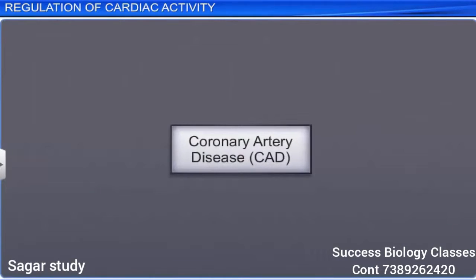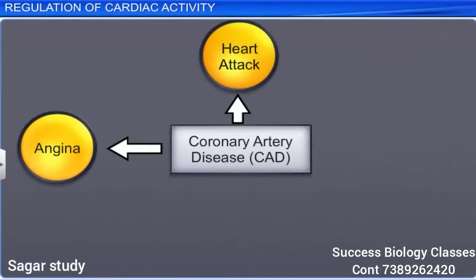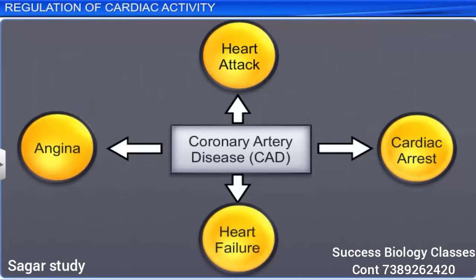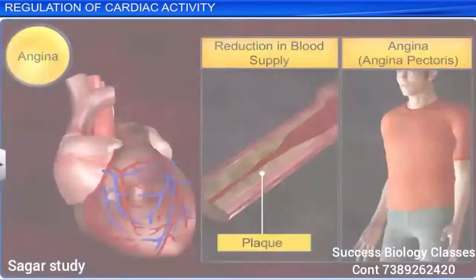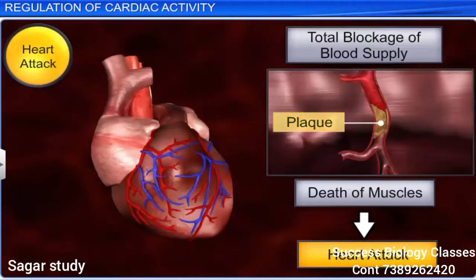Some of the symptoms of CAD include angina, heart attack, cardiac arrest or heart failure. Angina or angina pectoris is severe chest pain due to a reduction in the supply of blood to an area of a heart muscle. Whereas a heart attack results when there is a total blockage of blood supply to the heart muscles, causing the patient's death.